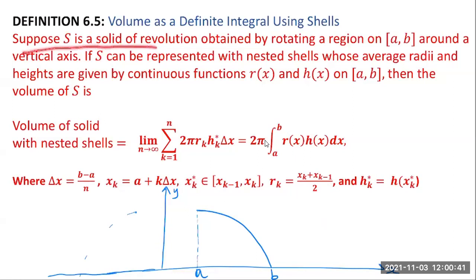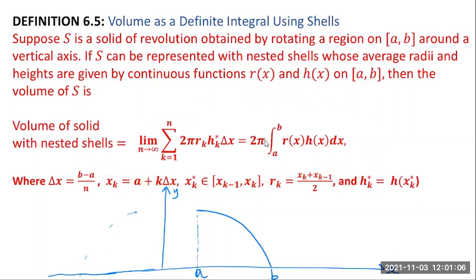Suppose S is a solid of revolution obtained by rotating a region on [a, b] around the vertical axis. If S can be represented with nested shells whose average radii and heights are given by continuous functions r of x and h of x on the interval [a, b], then the volume of S is equal to this expression.